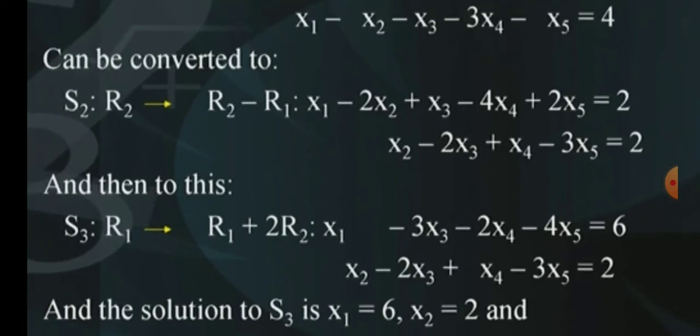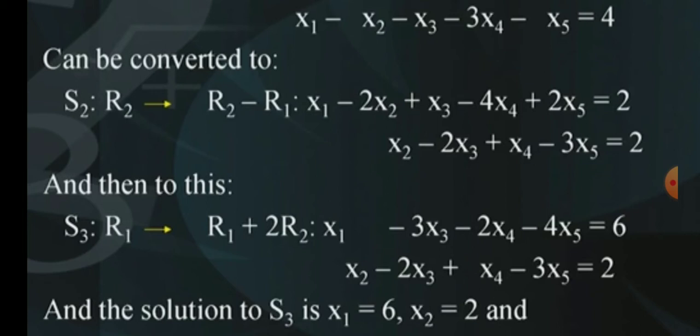So this kind of system of linear equations has infinite solutions. One solution is putting x3, x4, x5 equal to 0. We have x1 equal to 6 and x2 equal to 2. And this kind of solution is called a basic feasible solution.